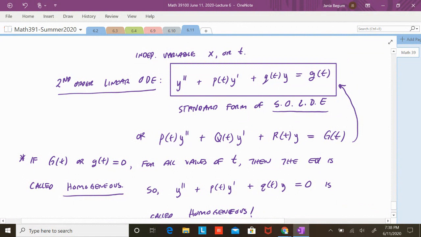Okay, so you could also have your second order expressed in this form, or you could have it expressed in the way I boxed it. The one I wrote in the box is considered to be a standard form because the coefficient of y double prime is 1.